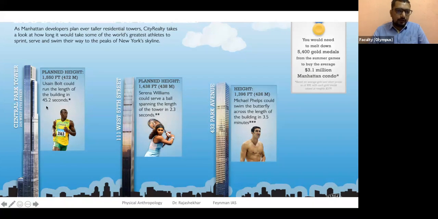Usain Bolt could run the length of this building in about 45 seconds. Whereas Serena Williams, I think these names will soon change, are already changing, can hit a ball which can reach here within 2.3 seconds. And Michael Phelps could swim the butterfly across the length within 3.5 minutes.